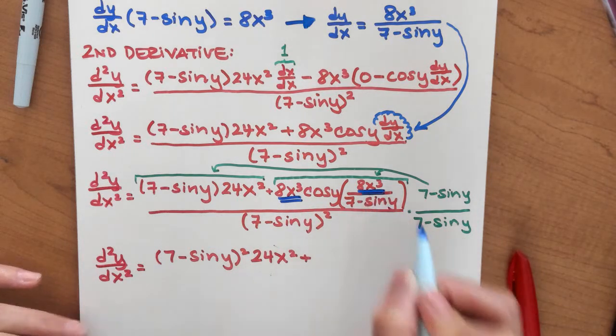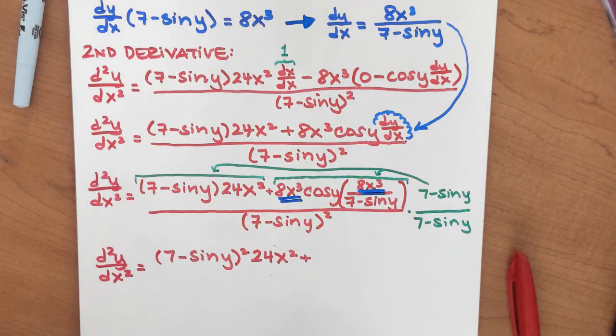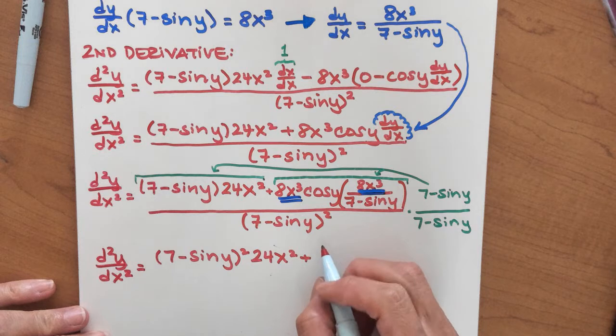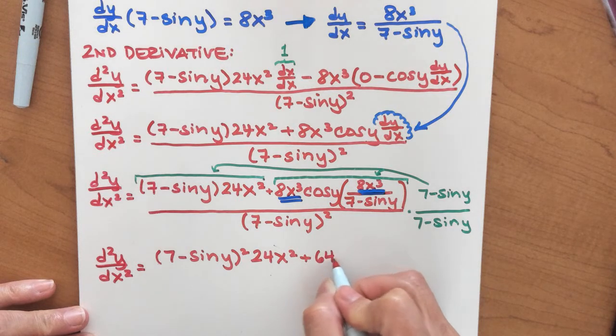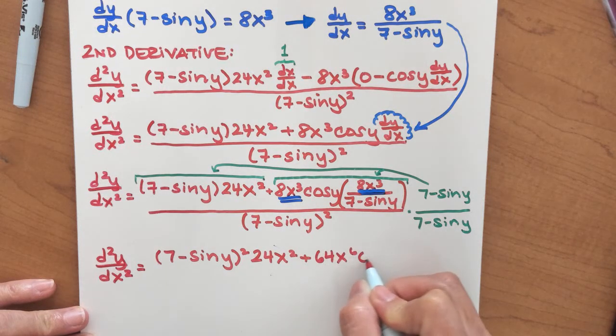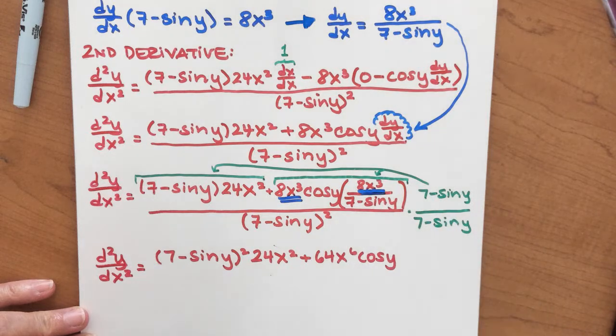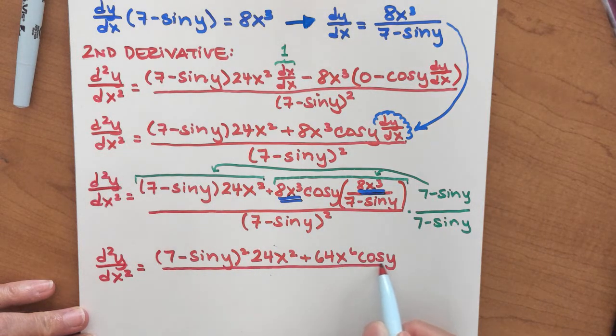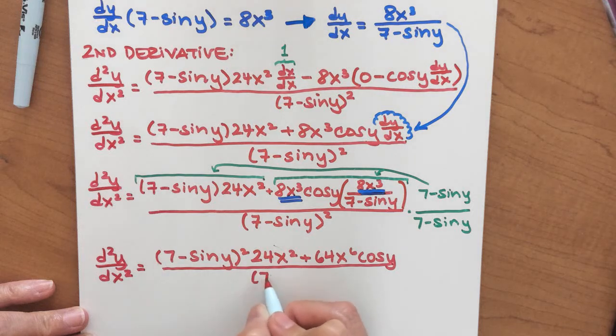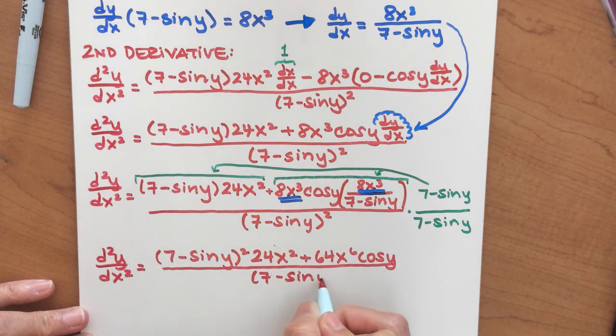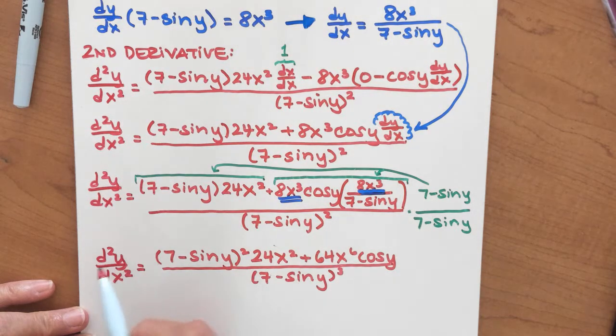I can multiply those together, and that's going to give me 64x to the 6th cosine y. And then, of course, this cancels that. And over my denominator, 7 minus sine y cubed, because when I multiply these two together, I add the exponents, and that's where the cubed comes from.